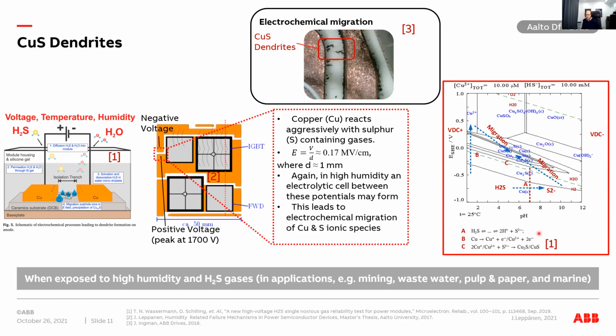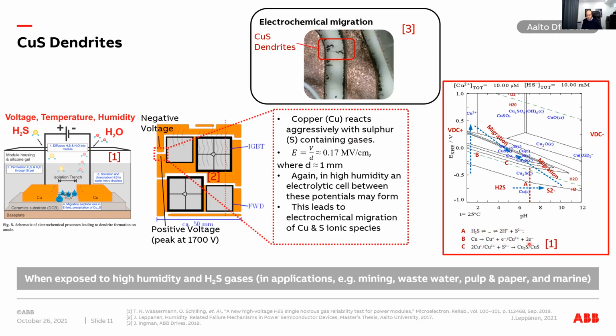It is currently not clearly known how this reaction works. There have been trials to explain it. For example, maybe reaction A occurs first, so the hydrogen sulfide will dissolve into hydrogen and S2 minus first, and then there will be one of the reactions.